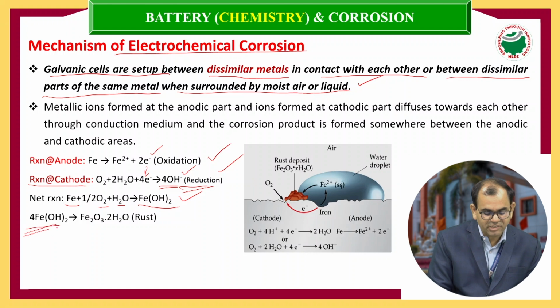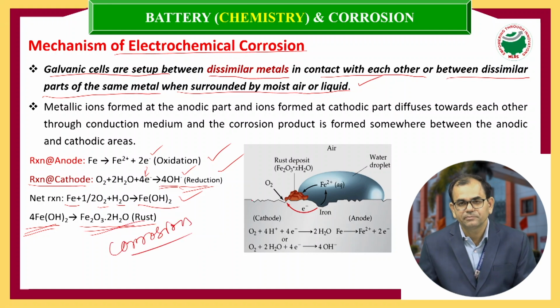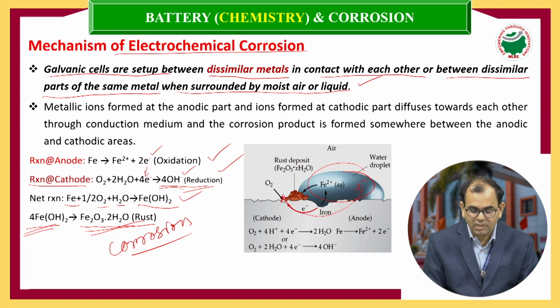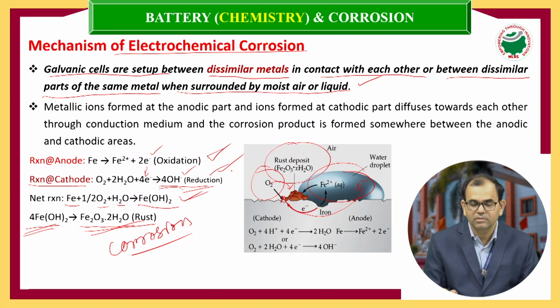This ferrous hydroxide is further converted into Fe2O3·nH2O, that is nothing but rust or corrosion. You can see here at the anodic part, oxidation, electron release happens, this electron goes to the cathodic part with the help of atmospheric moisture, and then finally rust, followed by these three reactions.